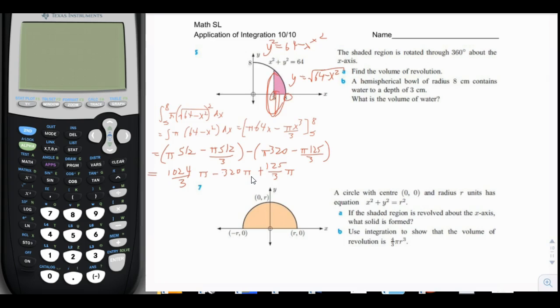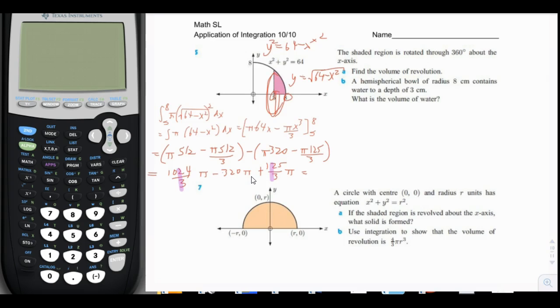So I could combine this one and this one because they're both over 3. Maybe it's going to come out nice and round. So 1,024 plus 125, 1149. Is that divisible by 3? Yeah, it is.